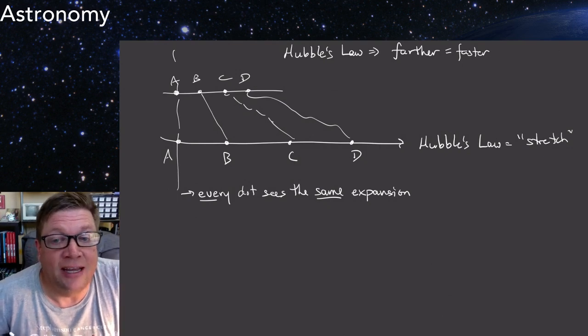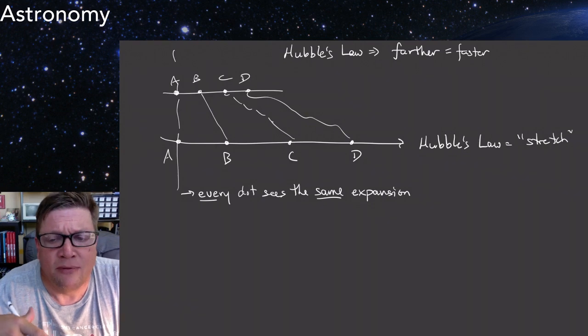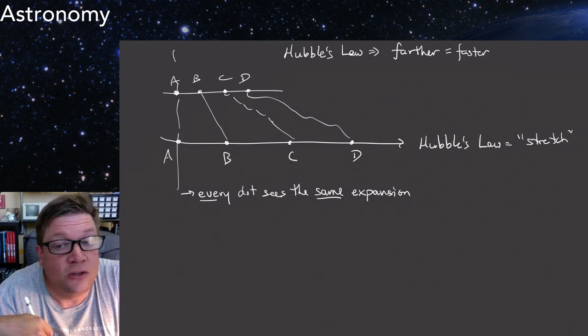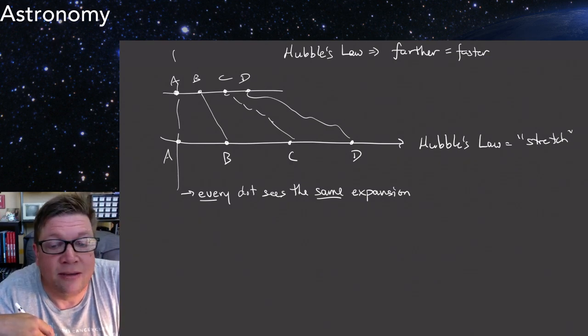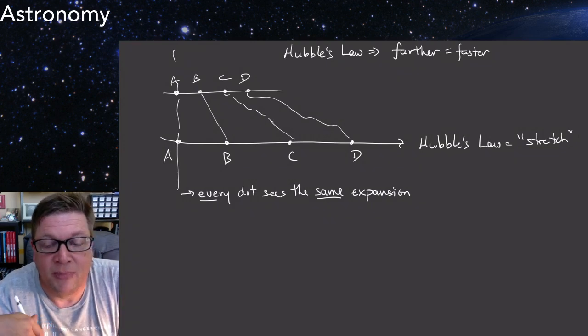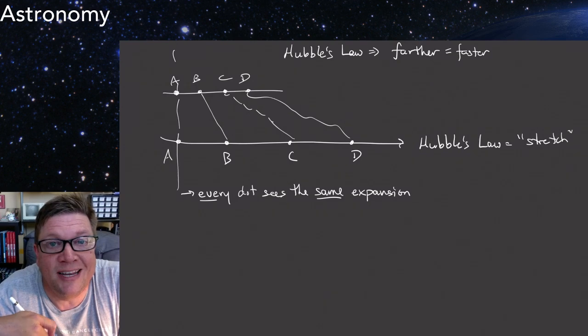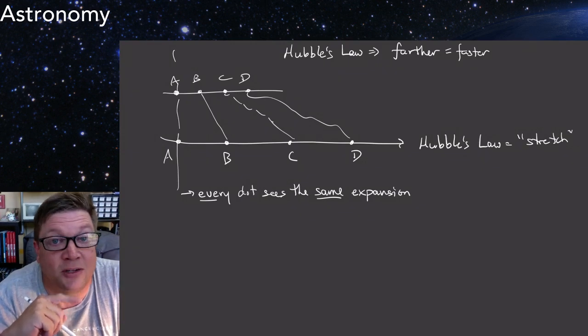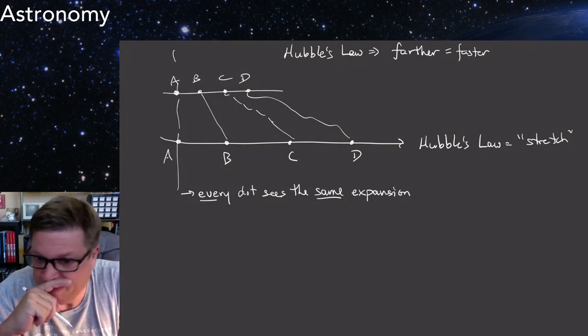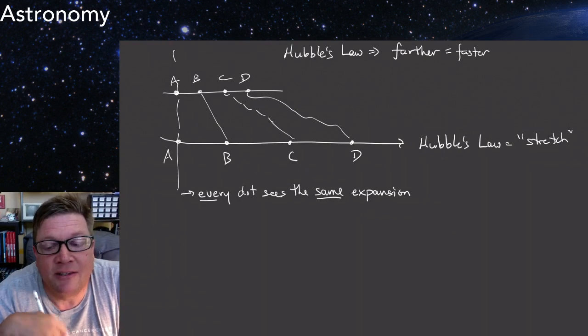Every ant would say, oh, all you guys are running away from me, the farther ones are moving away the fastest. So every ant, if they didn't know any better, would think that they're at the center of the expansion. But it turns out that a uniform expansion means that every dot sees exactly the same thing. Aha, that's towards the cosmological principle, right? That supports it. So every dot sees the same expansion.